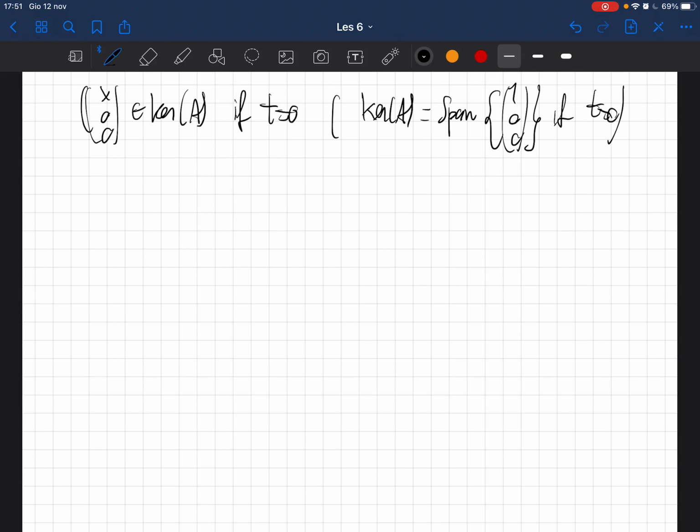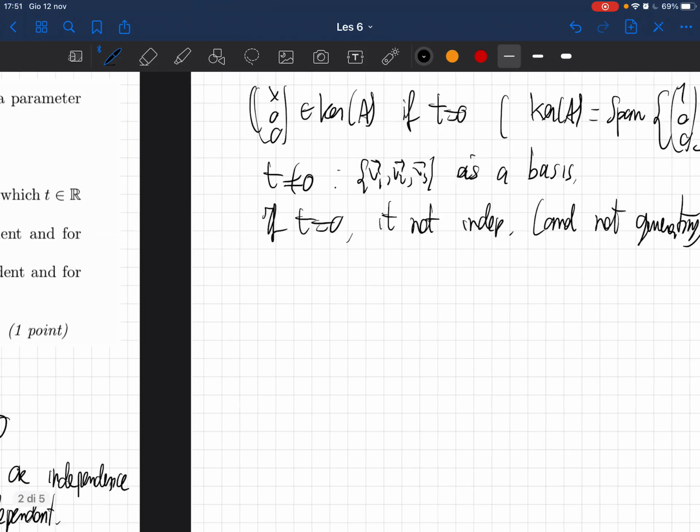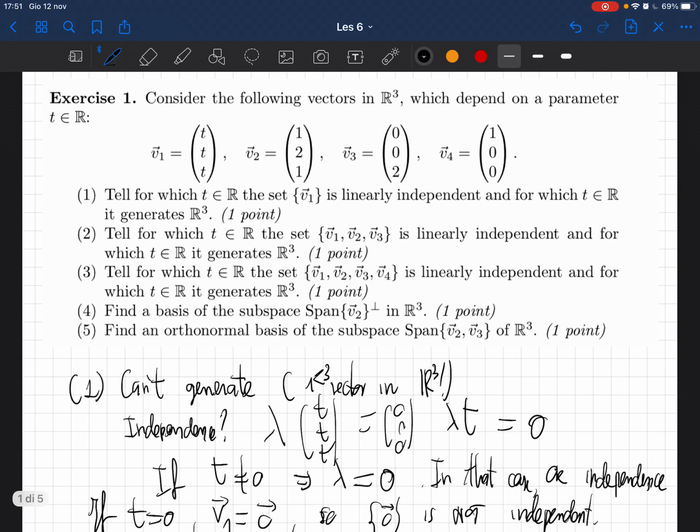But in any case, you conclude that if t is different from 0, then this is a basis because it's independent, hence it generates. If t is equal to 0, it is not independent and also not generating. Okay, fine.